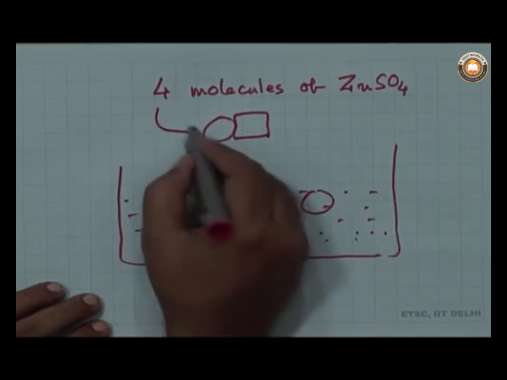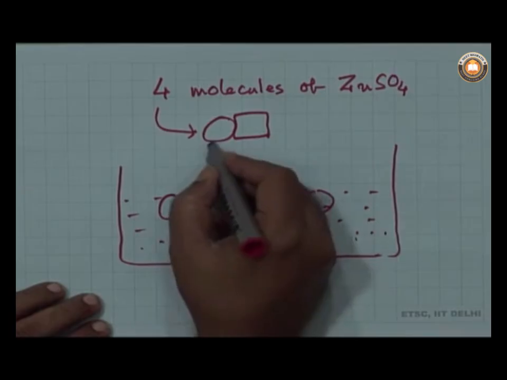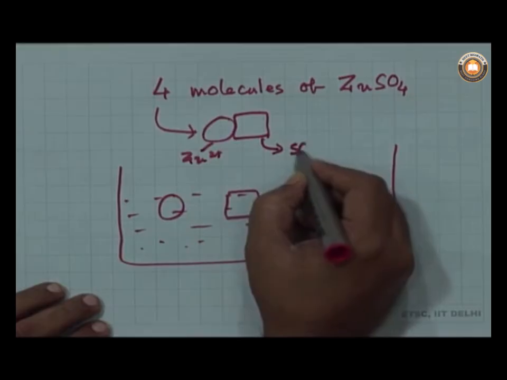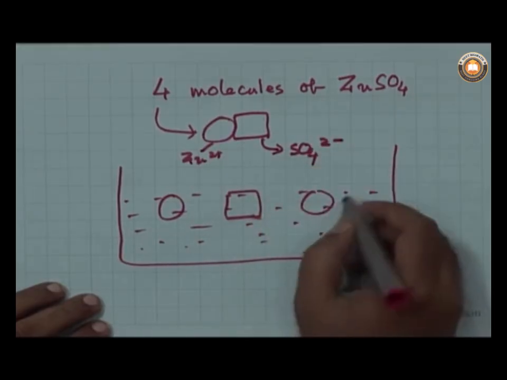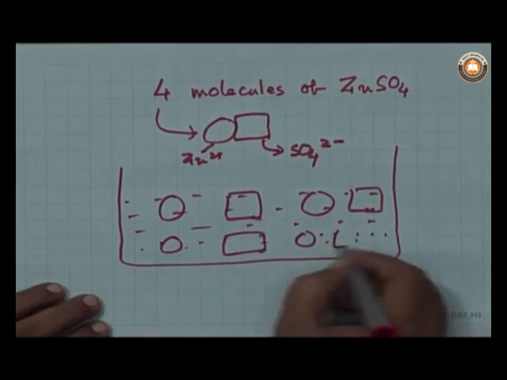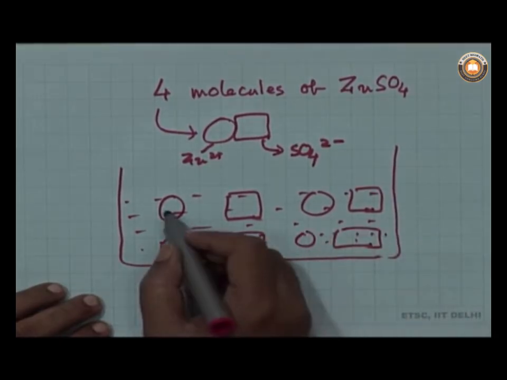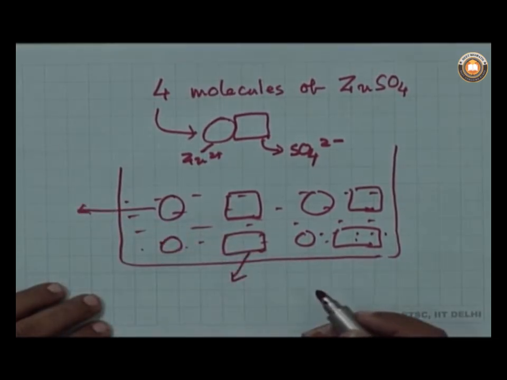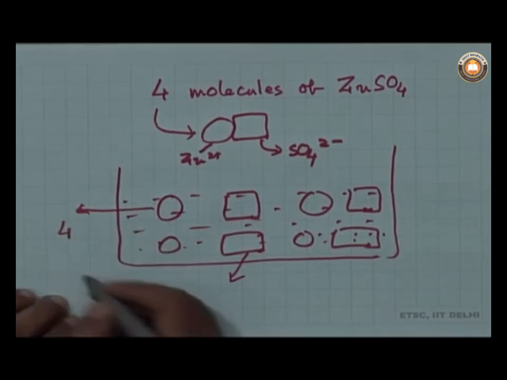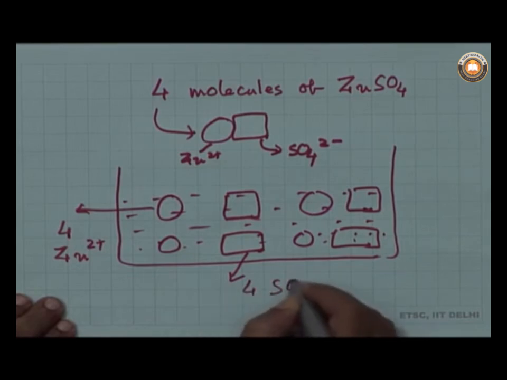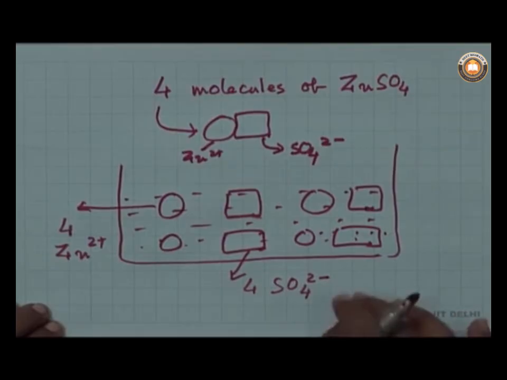So, you will get 4 zinc 2 plus and 4 sulphate 2 minus ions. This is an example of a strong electrolyte.